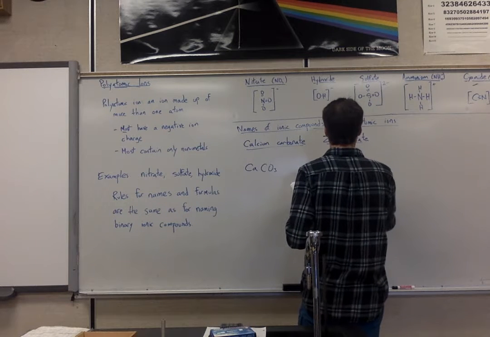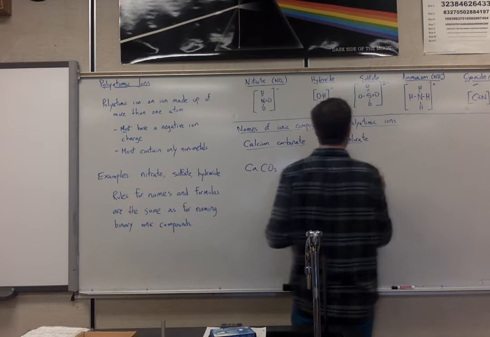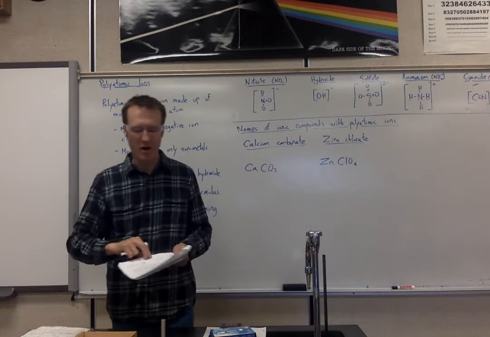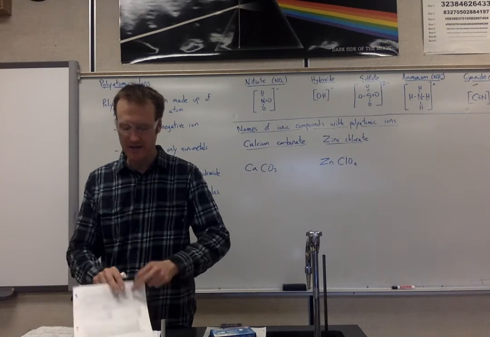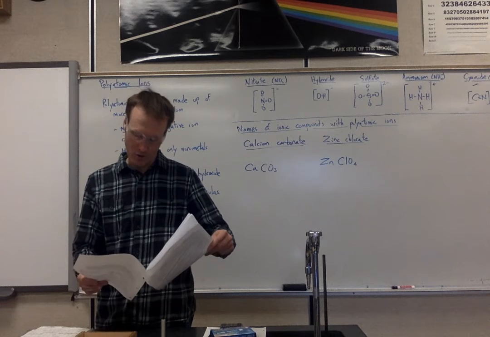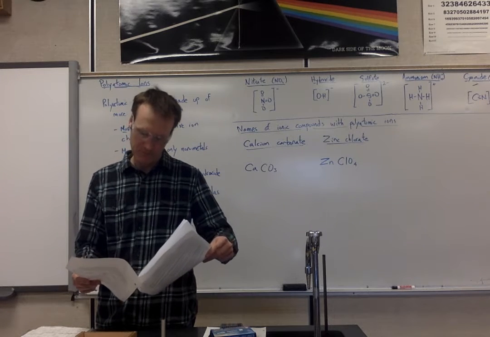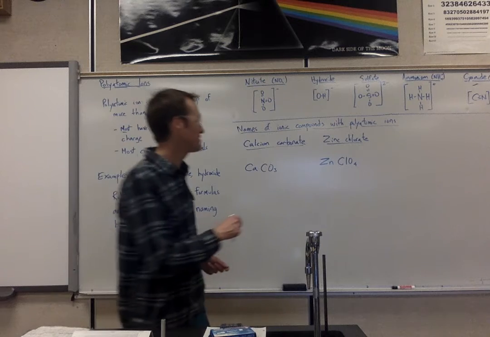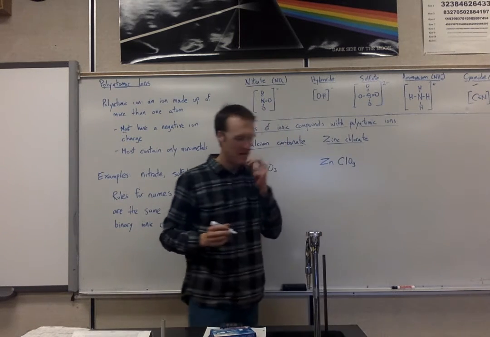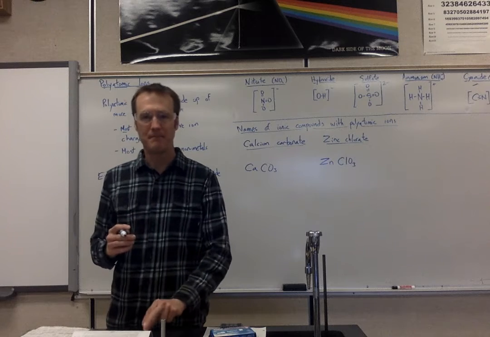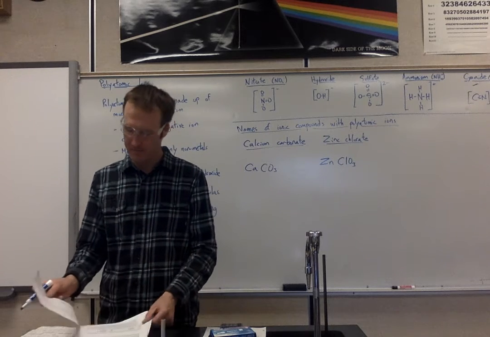The chlorate ion is a chlorine atom that's got more oxygens than it does. It's got 4 oxygens and 1 chlorine. Oh, I'm sorry, it's got 3 oxygens. ZnClO3. But I'm not done. That's not the correct formula.